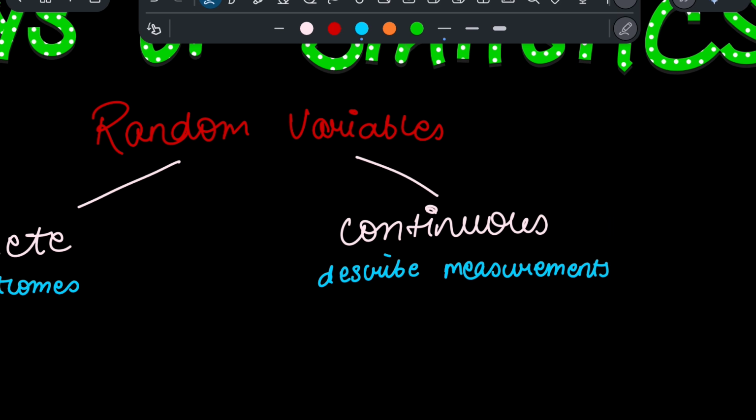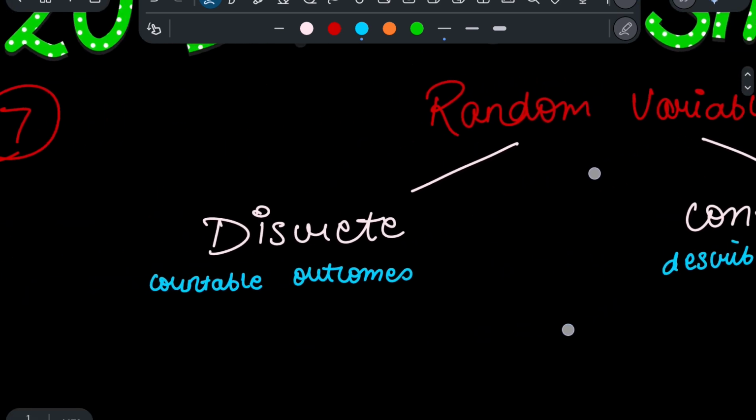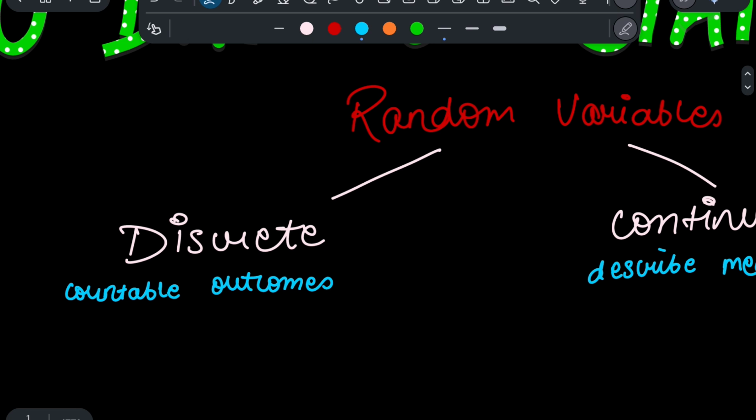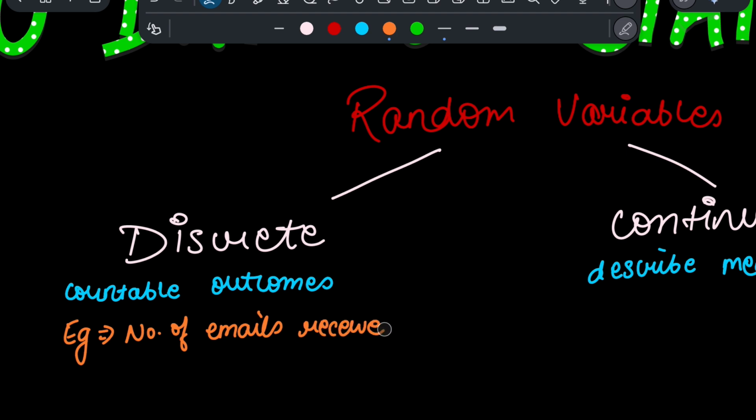Let me give you another example of a discrete random variable. Another example is the number of emails received in an hour.